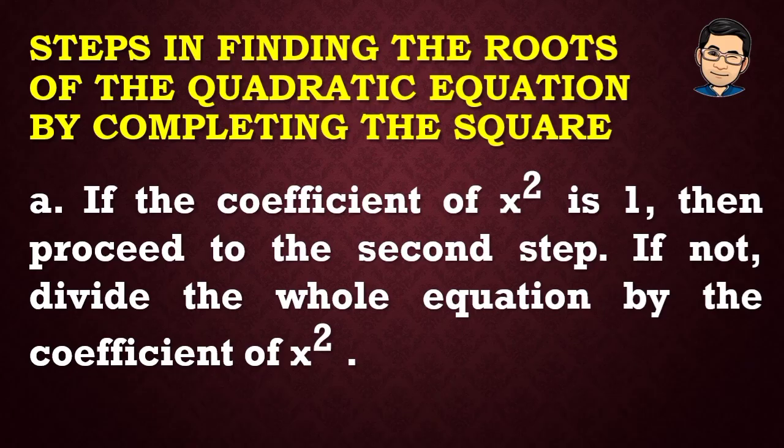For example, if the coefficient of x squared in our given equation is 1, we don't need to divide the whole equation by 1, because the result would be the same. But if the coefficient is 2, or for example 3 or 4, we need to divide the whole equation by whatever the coefficient of x squared is.